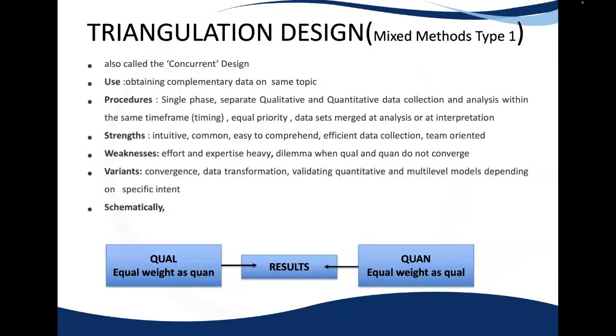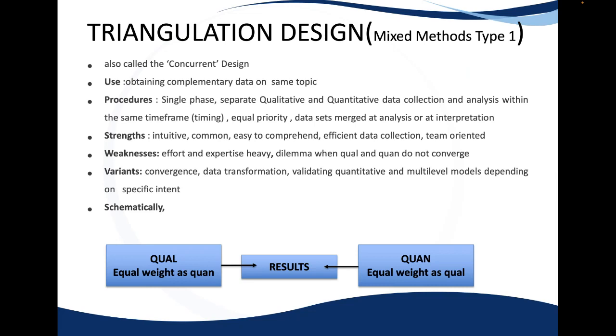So that slide that we've just gone through is what you need to understand everything else about how data is mixed in mixed methods designs. So mixed methods designs, firstly, there are different types of them.